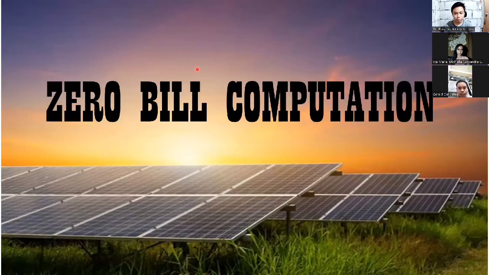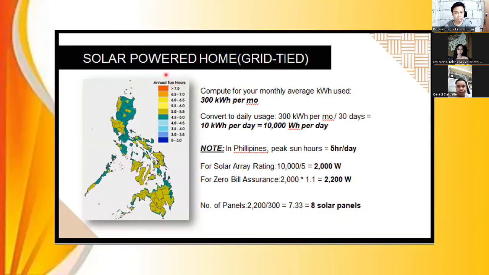So next, zero bill computation. Paano ba mag-compute ng zero bill para wala ka nang babayaran? So ayan, solar powered home grid tie. Kukunin mo muna yung kilowatt hour mo per month.